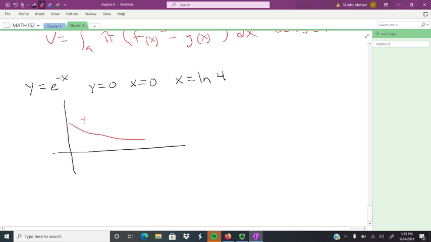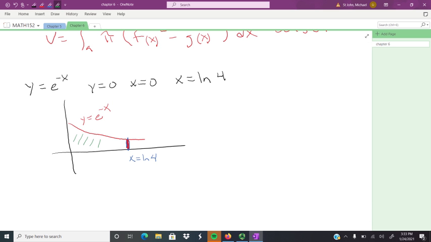So my y equals e to the minus x, and then x equals ln 4 would be this going here. So it'll be that right there. And so we want to know in terms of this. So basically we're taking that and we're spinning it around the x-axis.